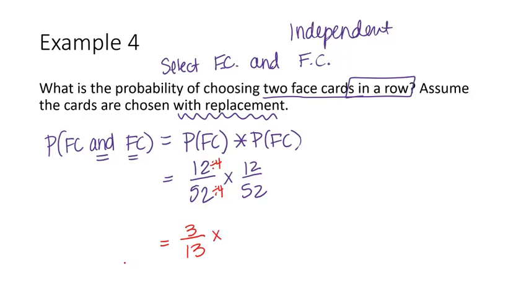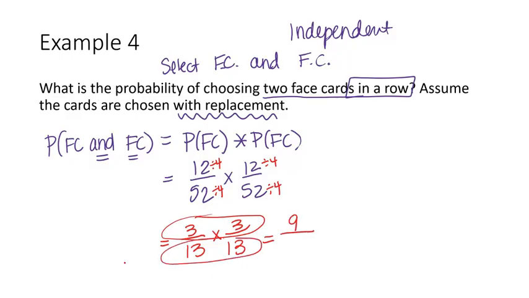I'm going to multiply by, and I can reduce this one as well. 12 divided by 4 is 3. 52 divided by 4 is 13. If you want to pre-reduce, it will definitely help you in the long run. Now to multiply your fractions, 3 times 3 is 9. And 13 times 13 is 169.